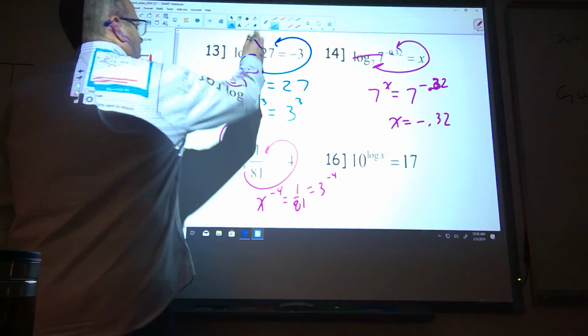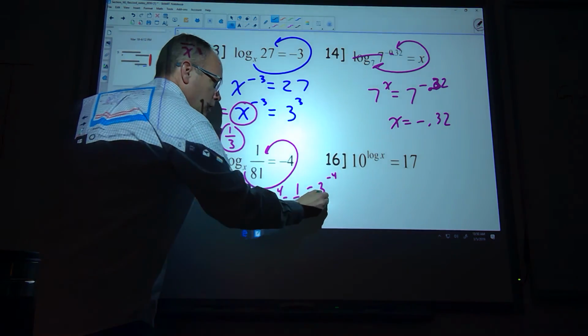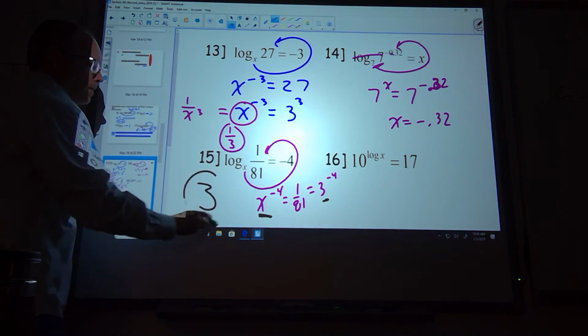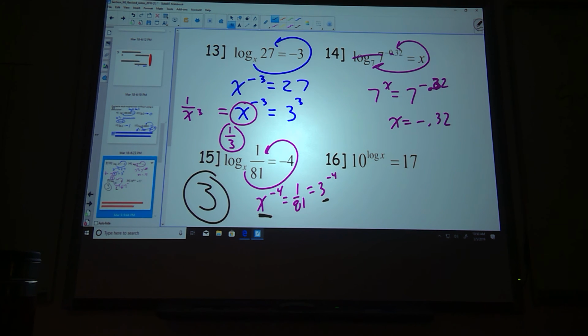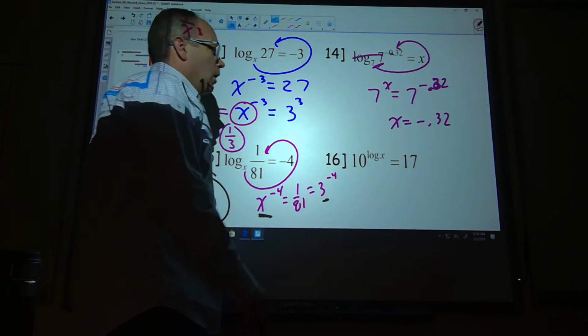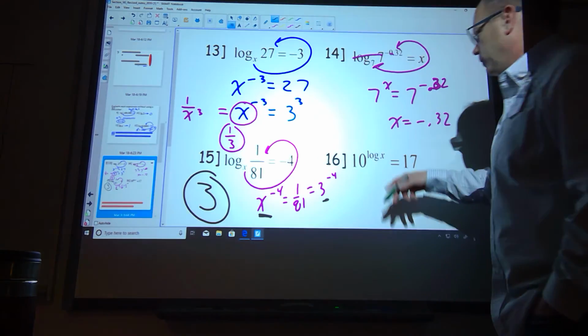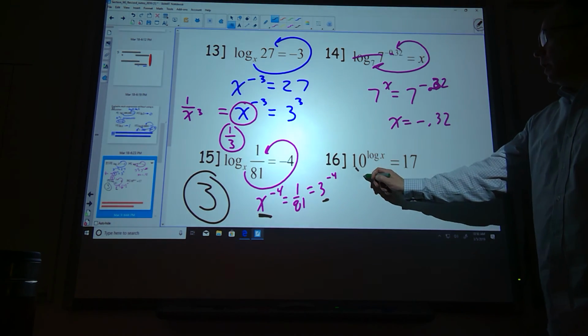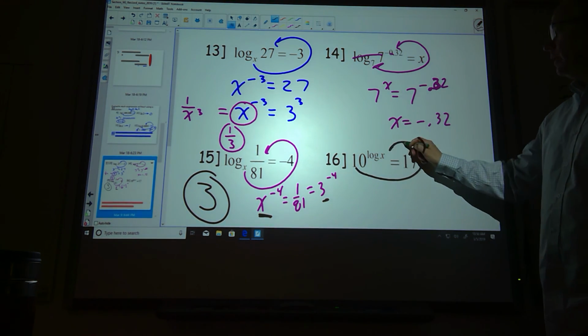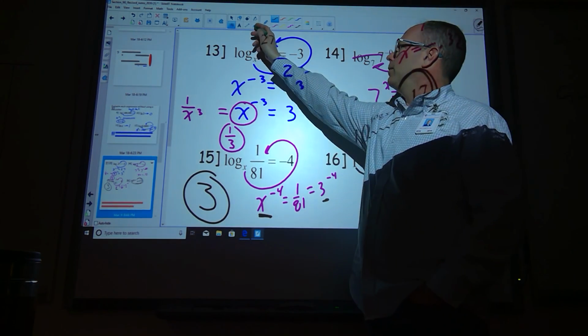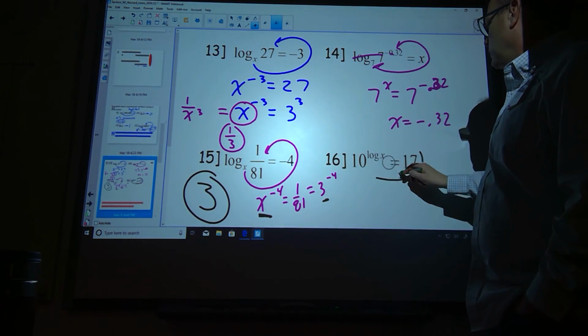So what's x have to equal? 3. So the exponents matched up. You just take the bases and set them equal. And again, I know what this answer is because I've taught math for a long time.